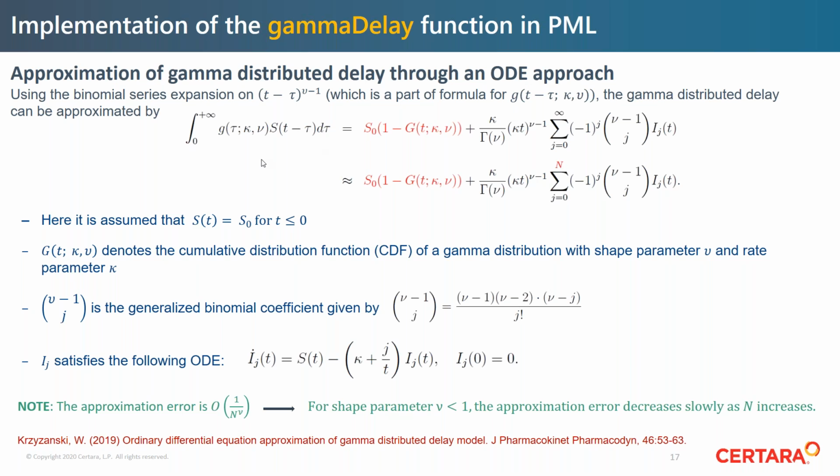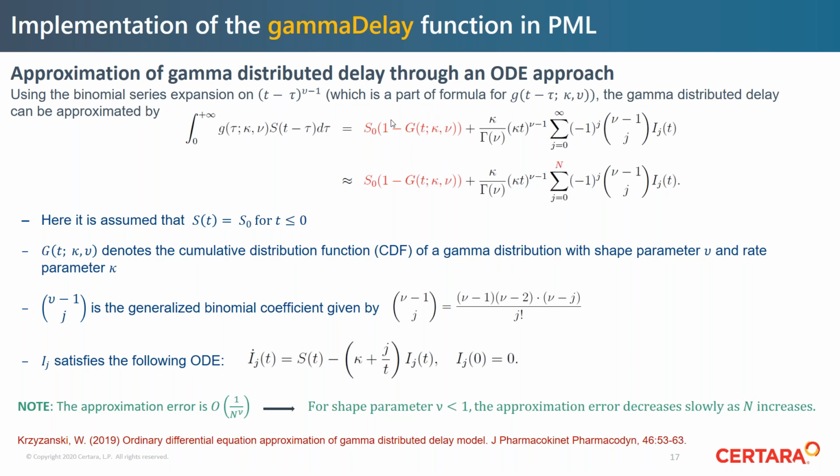By using this, you can find that this gamma distributed delay can be written as the sum of these two terms. Here, I assume that the history is just a constant 0, and G is the cumulative distribution function of the gamma distribution.